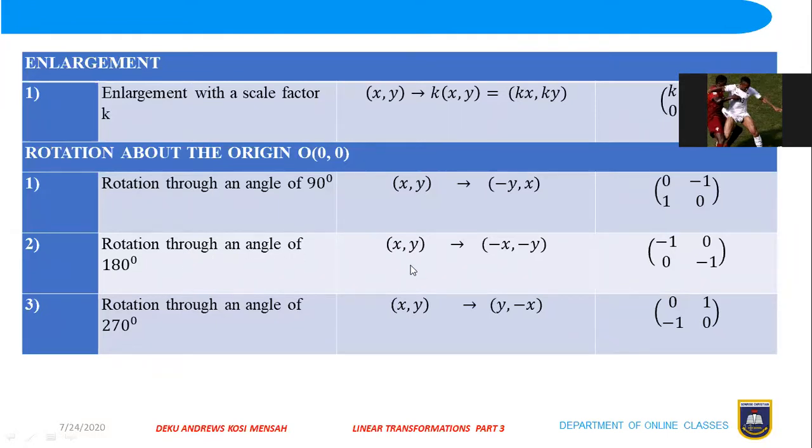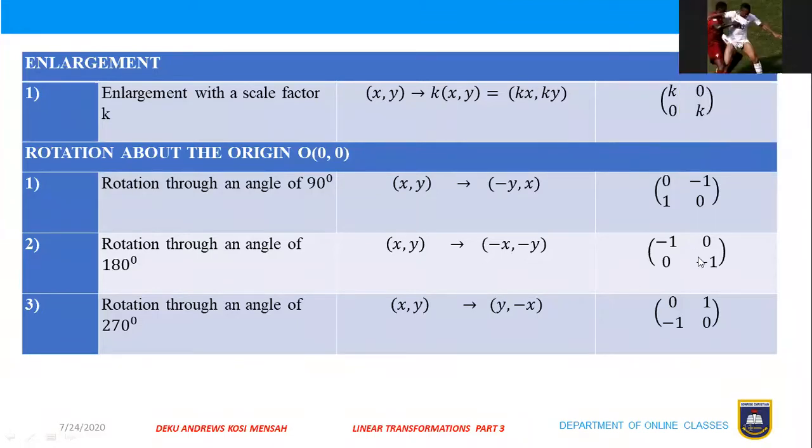You are turning 2 times. So you will be in the third region, and that also gives you negative x, negative y. So we have the matrix formed, and rotation through an angle of 270 degrees will also give us y, negative x. That is about rotation.